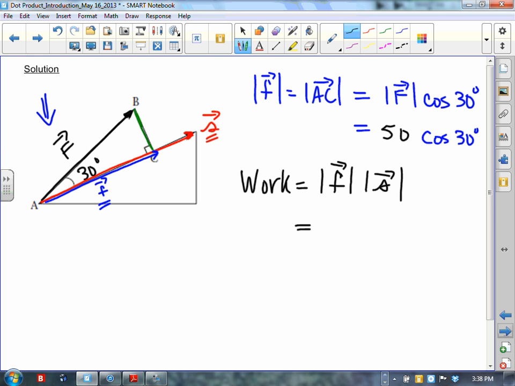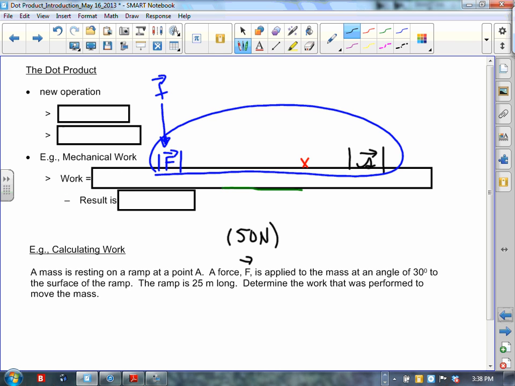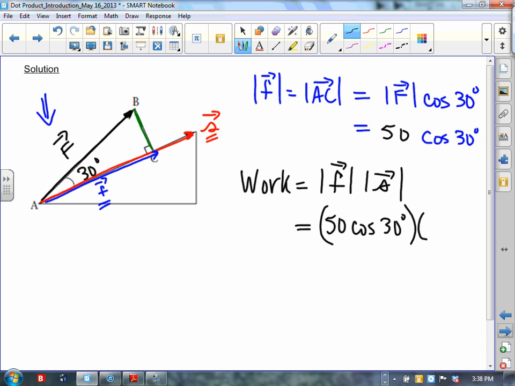We've already calculated this. It's 50 cos 30, and we'll multiply that by the magnitude of the displacement. In this case, I believe it was a 25 meter long ramp along which this object is moving.